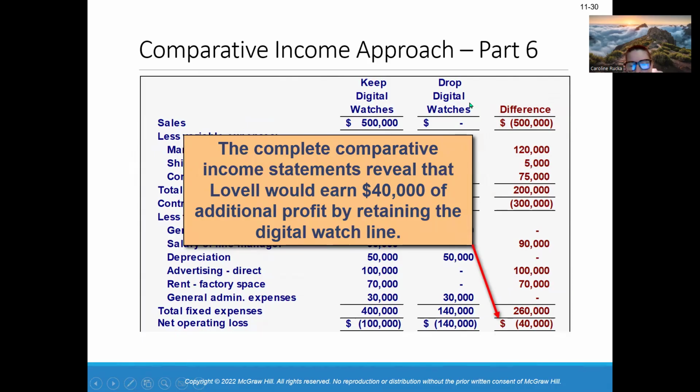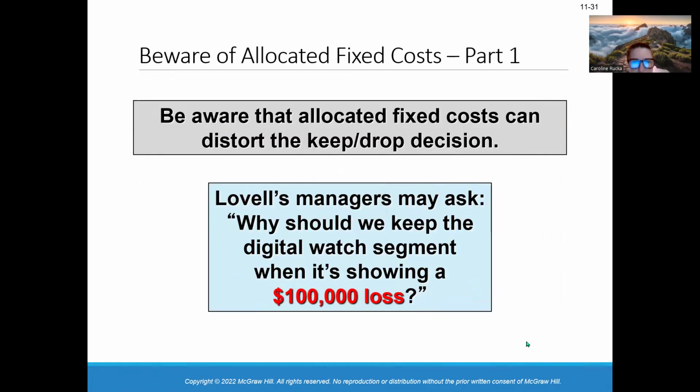As we predicted in our smaller model, if we drop the line, we're losing $140,000 a year instead of $100,000 a year. $40,000 in additional losses. Which is counterintuitive, right? We're getting rid of an unprofitable segment and we're losing even more money.